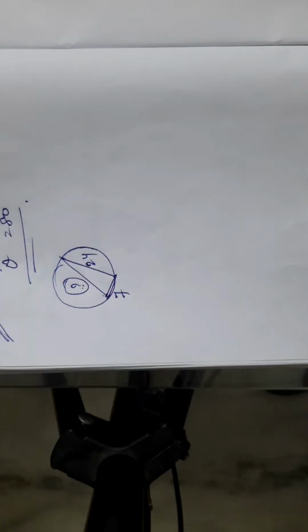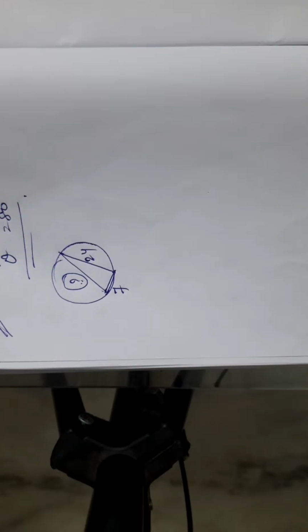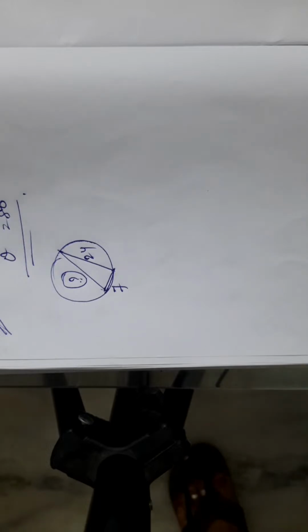One is 24, the other is 7. Calculate the hypotenuse by using the right angle triangle formula. You need to use the right angle triangle formula.